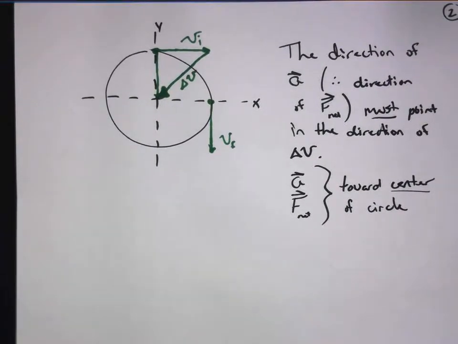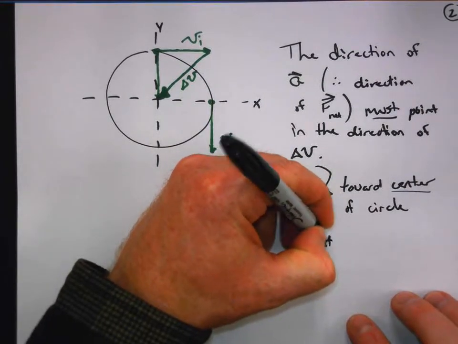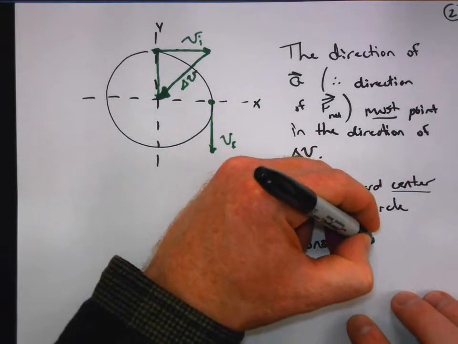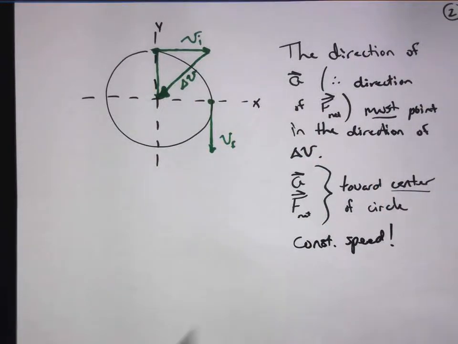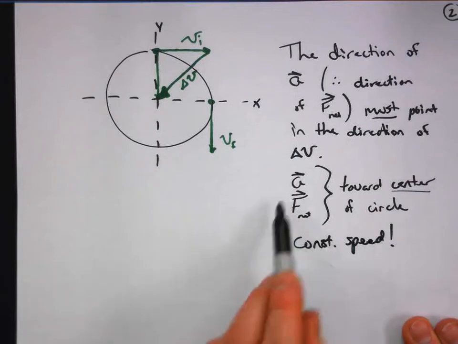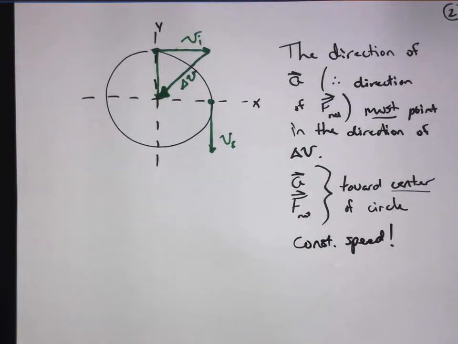This is just assuming a constant speed. That condition must exist. If we're varying the speed, then this no longer holds true, right? There would be some other direction for the net force, and therefore also for the acceleration. We're not going to deal with that right now. Let's keep the speed constant, and we're going to be able to do some really cool things with this.